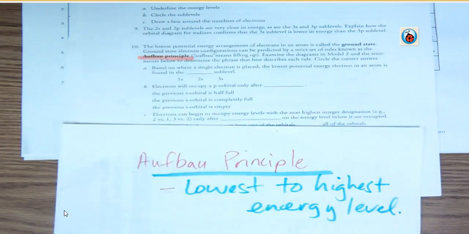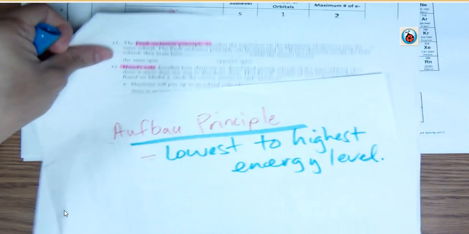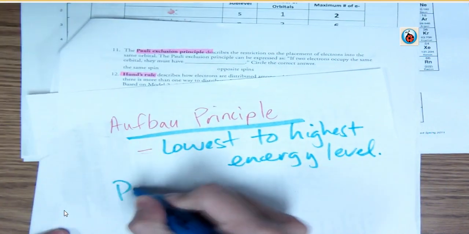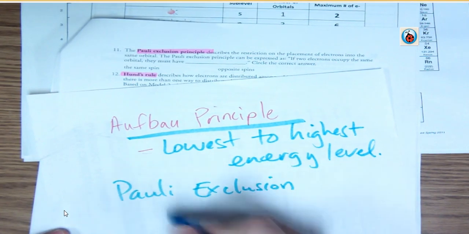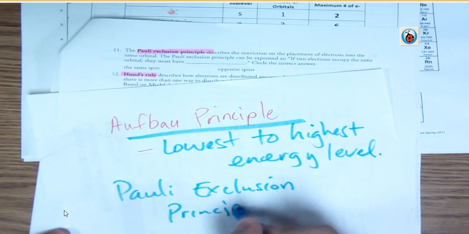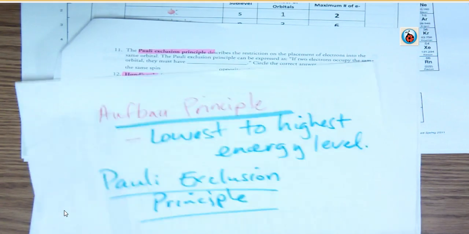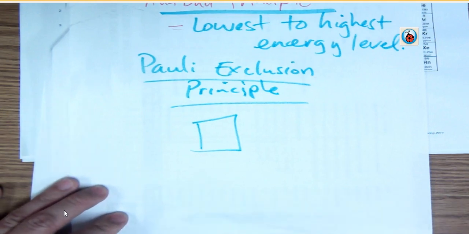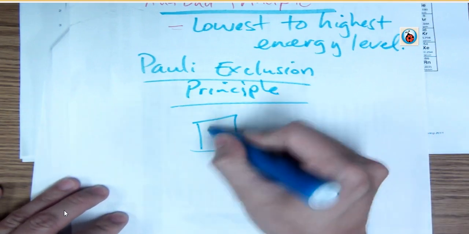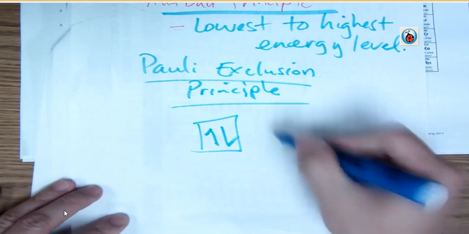The second one is on the next page, the Pauli exclusion principle. It tells you that if you have two electrons, or two people in the same room, they have to have opposite spins.